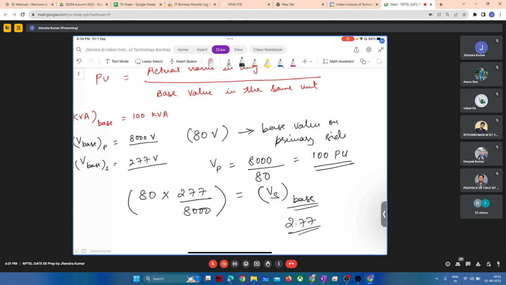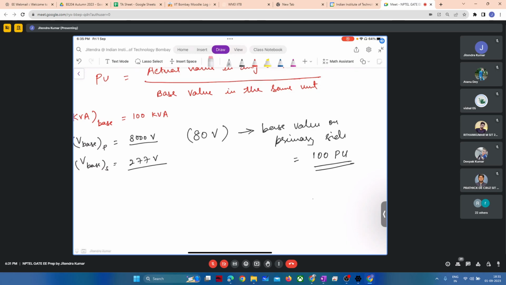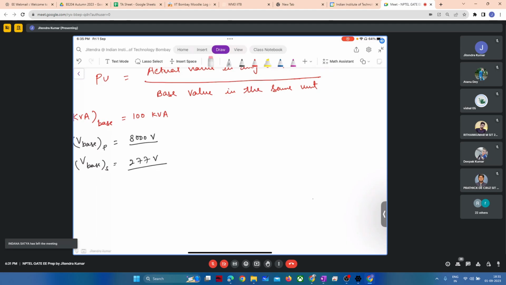So let us not move ahead with this 80 volt base value. Let us take the rated value as our base value so that it will simplify our calculations. The primary purpose behind the per unit system was itself to reduce the burden in calculation, so let's not forbid that purpose.